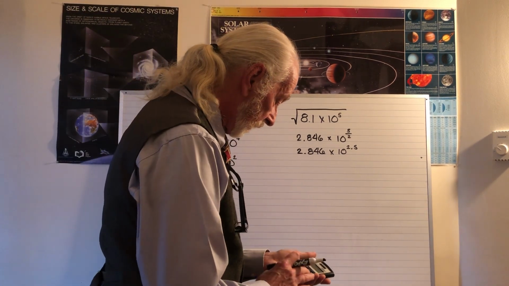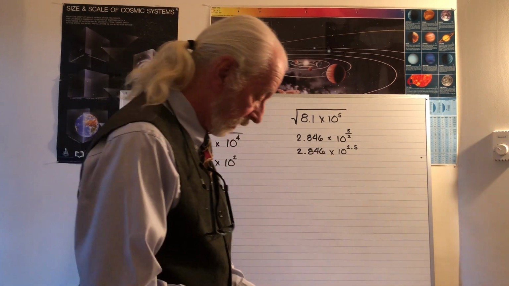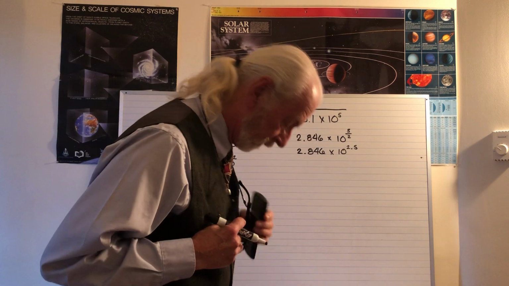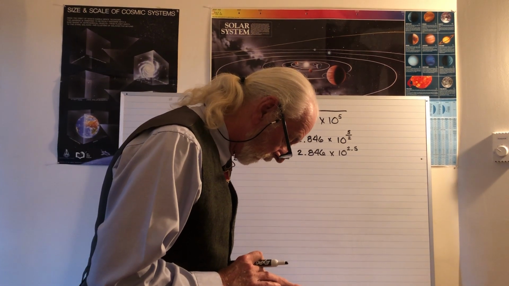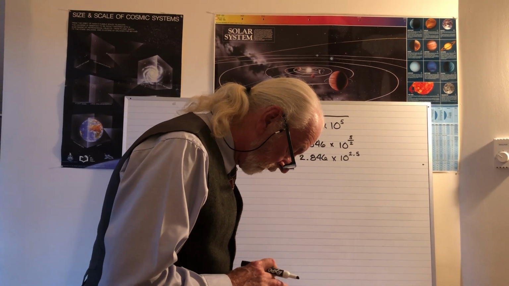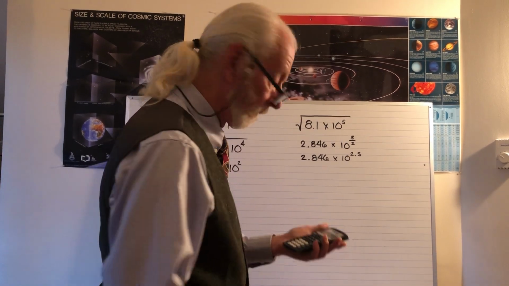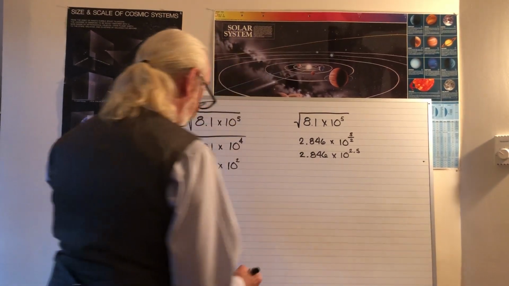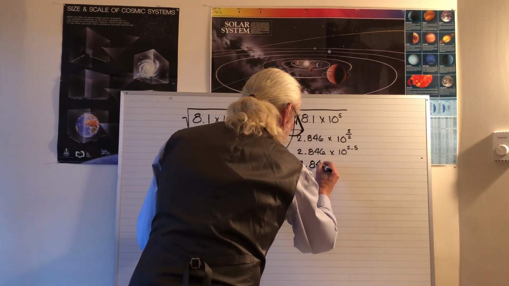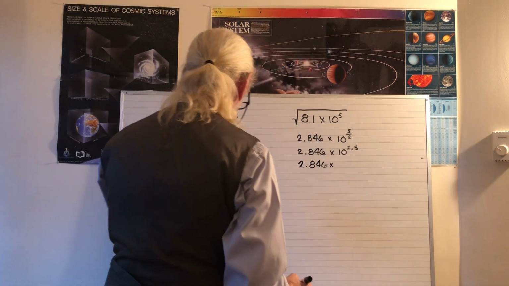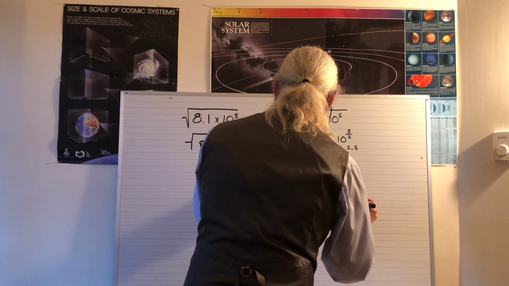So, there is a function on your calculator whereby you can do 10 to the 2.5. And that equals 316.228.